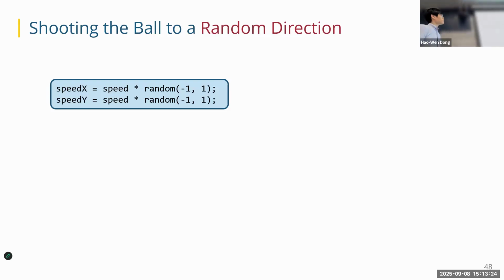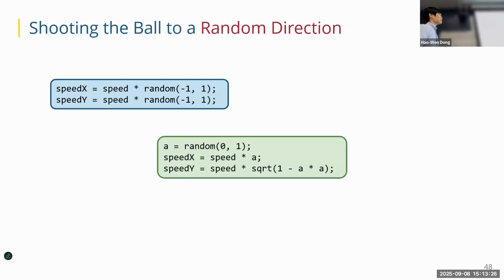Pretty straightforward. Second option, now we use some square root. The issue is that you cannot control the speed. The speed will not be the same. Say if you sample a big speed X and a big speed Y, then the speed becomes much larger.